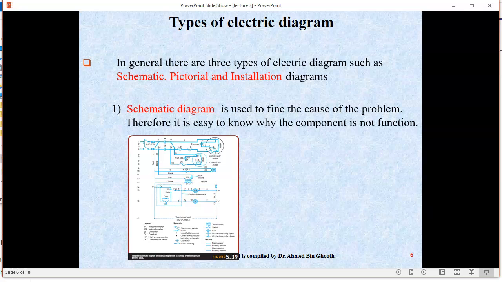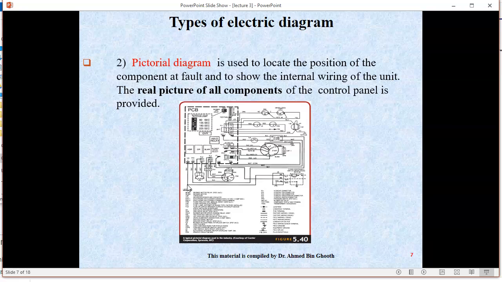This is an example of a complete schematic diagram, whether you can see it or not. And then we have the pictorial diagram. It is used to locate the position of the faulty component and to show the internal wiring of the unit. The real picture of all components in the control panel is provided.